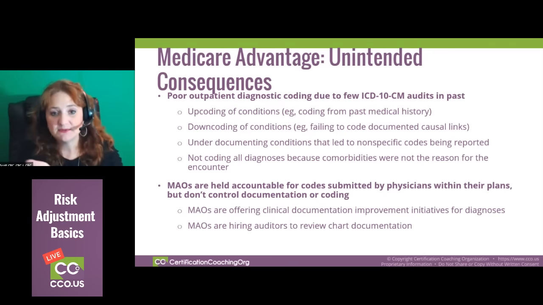Now, that's a problem for the MA plans. It's also a problem for Medicare, CMS, right? And it's a problem for the provider, because they're not going to get reimbursed. The money's not going to be there in Medicare. And the MA plan is going to say, you do this to us too many times, you don't capture all of those diagnoses, and that money's not set aside properly, we're not going to work with you anymore.